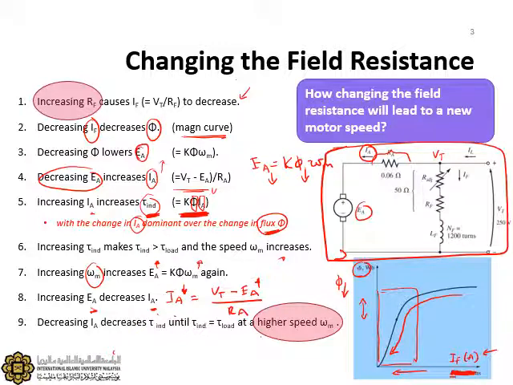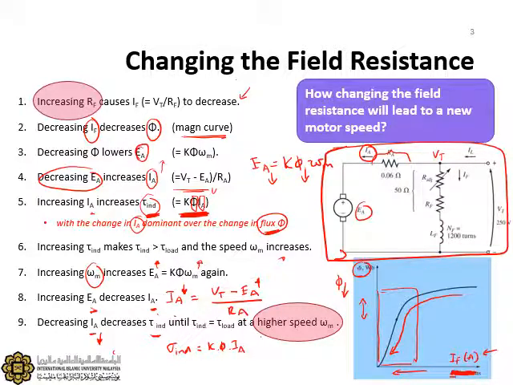Then point number 9, decreasing IA will also decrease the induced torque, because again the equation is the induced torque equals K times phi times IA.